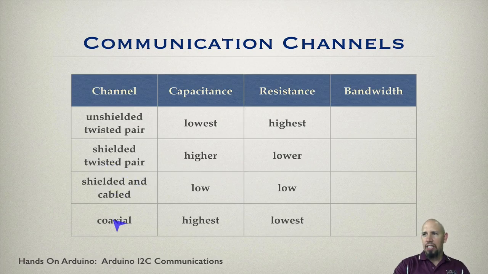Finally, coaxial is where you have a ground like a sheath, some kind of insulator in between, and then the conductor going through the middle. Cable TV, for example, uses a coaxial cable. So those are different kinds of connections that can be used physically.